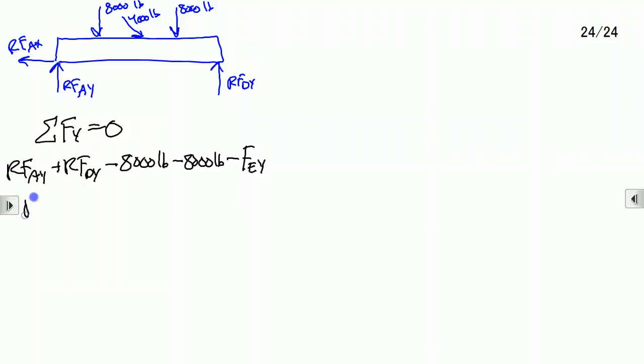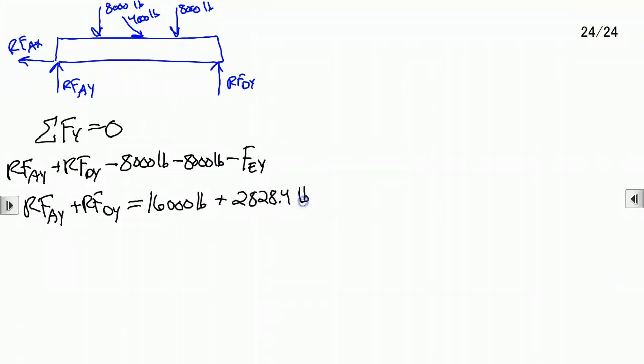So now we have an equation, RF AY plus RF dy minus 16,000 pounds. Actually, we'll transfer all that to the other side. That's 16,000 pounds plus the 2828.4 pounds. And again, this turns out to be 4,000 times the cosine of 45 degrees.